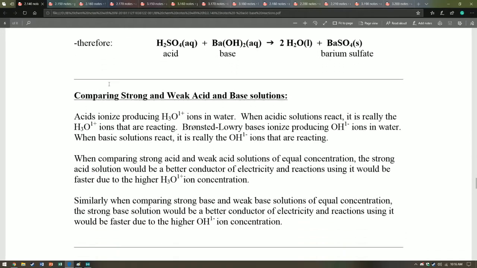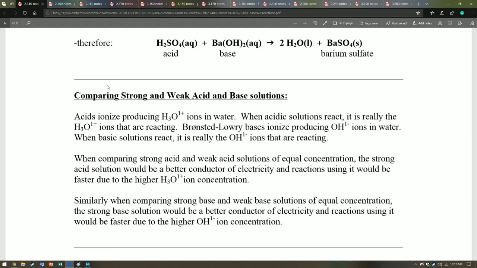Now, I mentioned earlier about how we can categorize acids as strong and weak. How do you actually do that in the lab, though? That's a good question. Now, the way you would generally do this is you could compare. You could obviously stick pH paper in there, but pH paper is kind of bad, I'll put it that way.